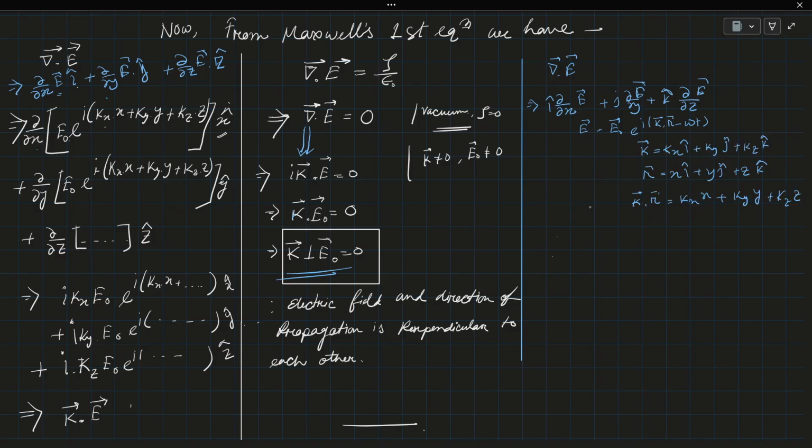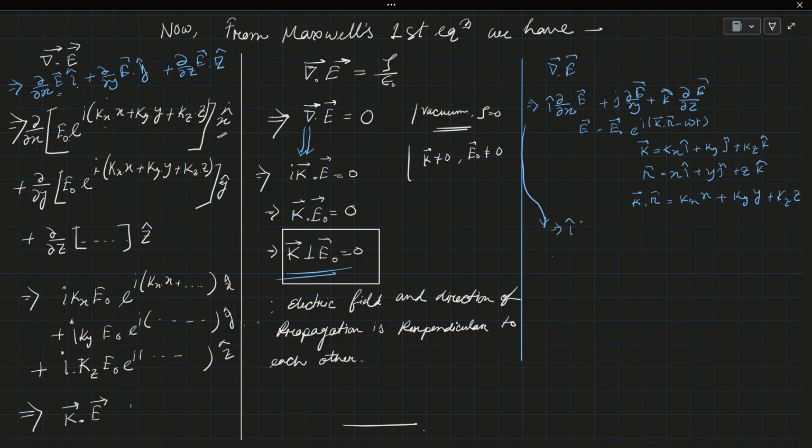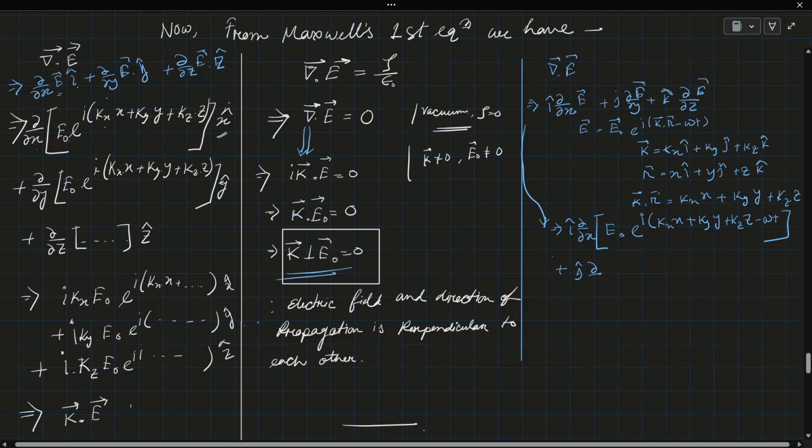Okay, so I can write it down as i cap del x of E naught e to the power i (kx x plus ky y plus kz z minus omega t), plus the differentiation in terms of y, so j cap del y and the same term, right?